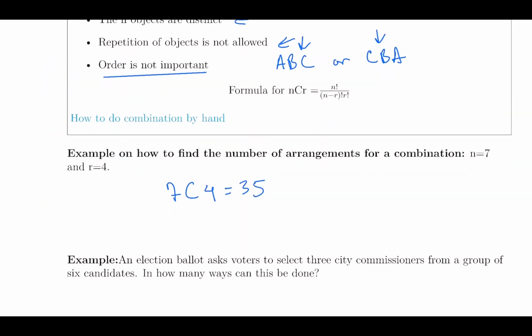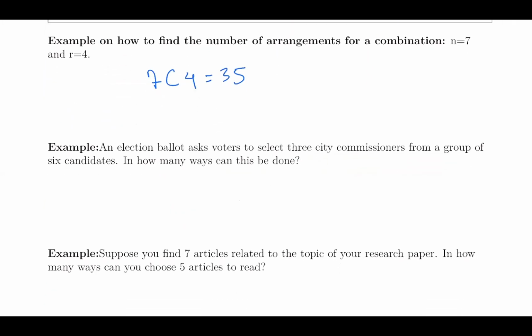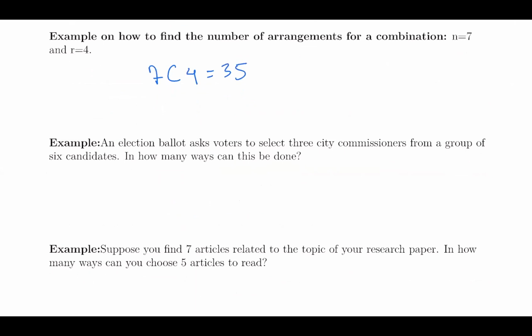All right, so let's do the second problem. For this one it says, for example, an election ballot asks voters to select 3 city commissioners from a group of 6 candidates. In how many ways can this be done? Can we assume that all 6 of these candidates are different from each other?